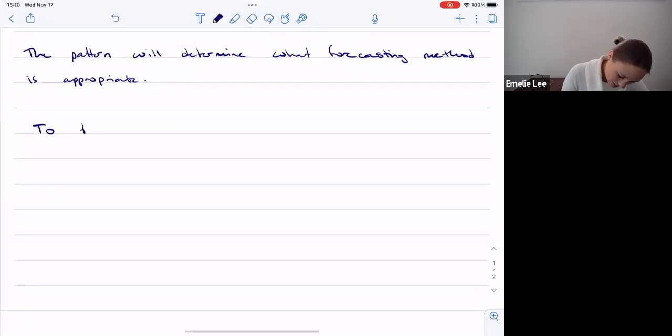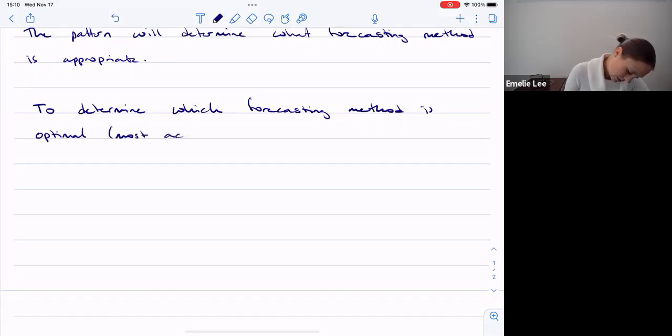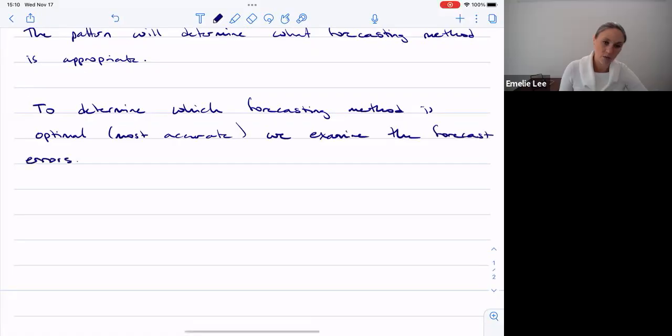And so to determine which forecasting method is optimal or most accurate, we examine the forecast errors, right, which we said was the difference between the actual outcome and the forecasted outcome, right?